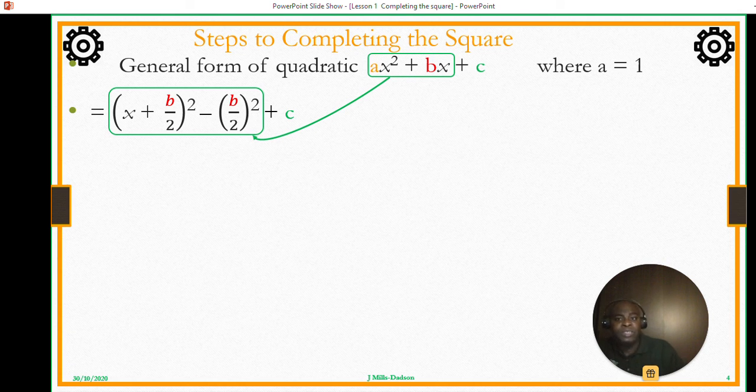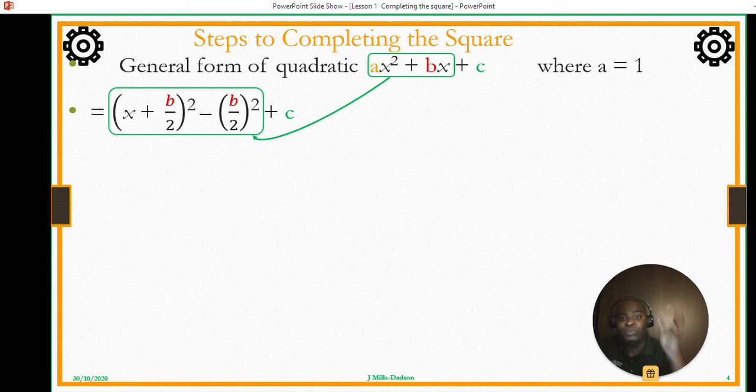And if you recall the diagram, we always divide the middle term by 2. That's why we have b divided by 2. So this section measures the dimension of our square. And from this section all the way, including the c, or the constant, measures the smaller unit squares that we might need to add or take away.